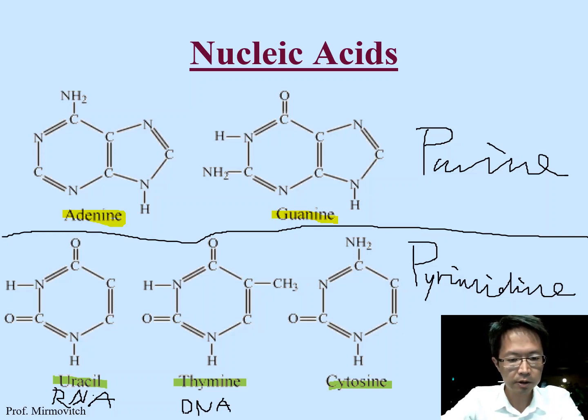The only difference is this part here. Thymine has a CH3 group attached to this carbon, but for uracil, we omit it. We scientists are very lazy. It has a hydrogen atom attached here, but we are too lazy to write out the hydrogen atom. So this is the difference. Thymine has a CH3 group. The uracil has a hydrogen atom.